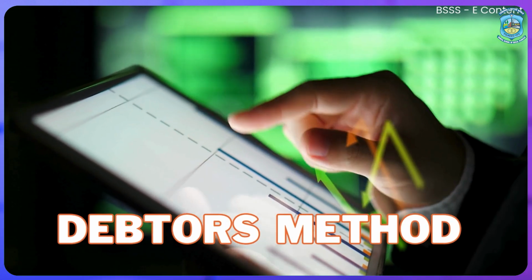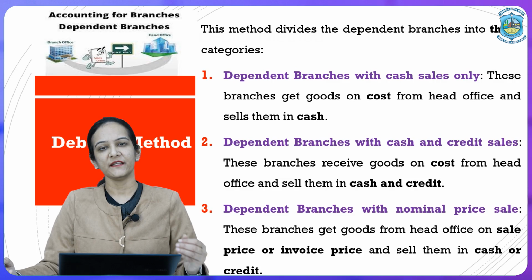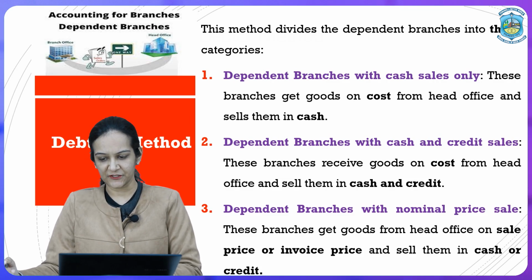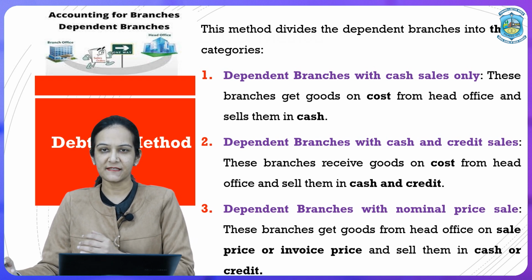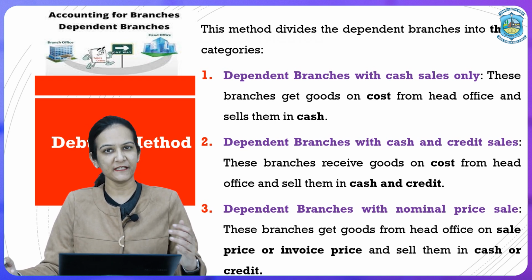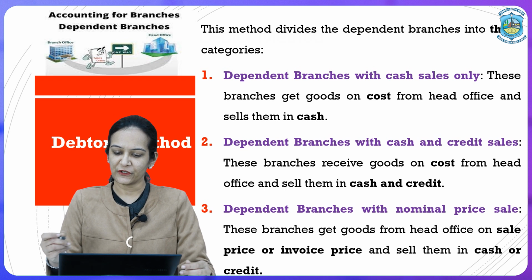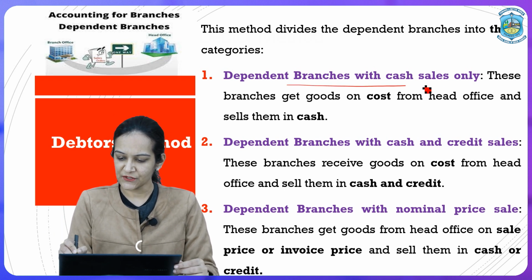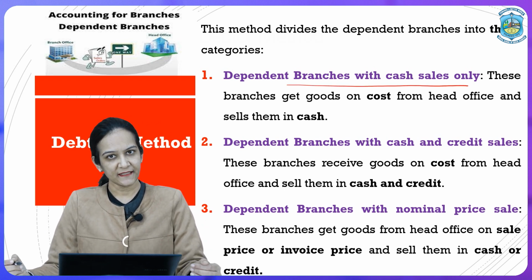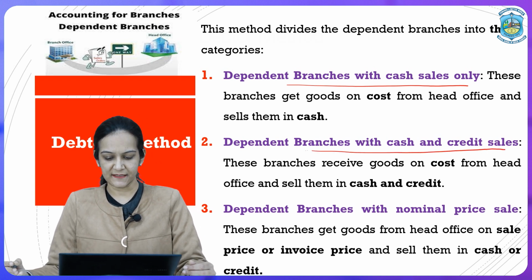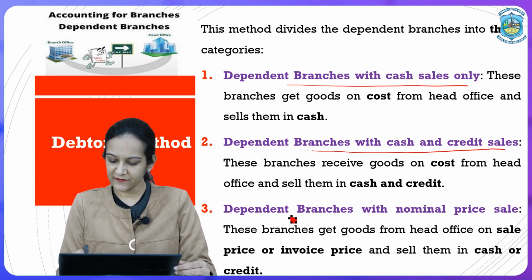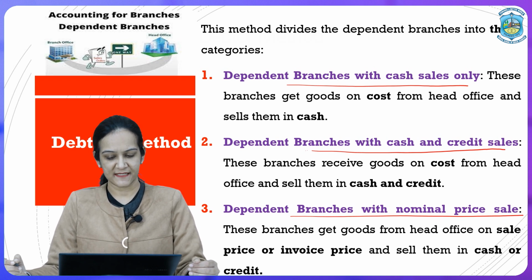Now, under the debtors method, when the head office is preparing the branch accounts for the dependent branches, the dependent branches can be classified into the following categories. First, dependent branches with cash sale only. Second, dependent branches with cash and credit sales, and third, dependent branches with nominal price sale.